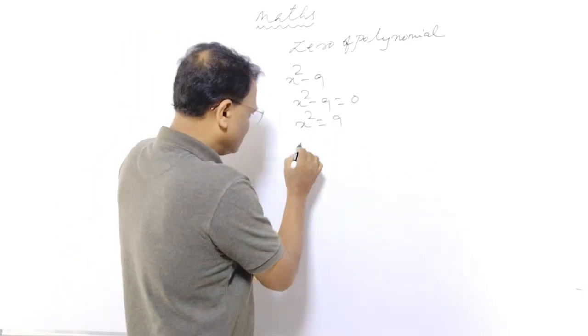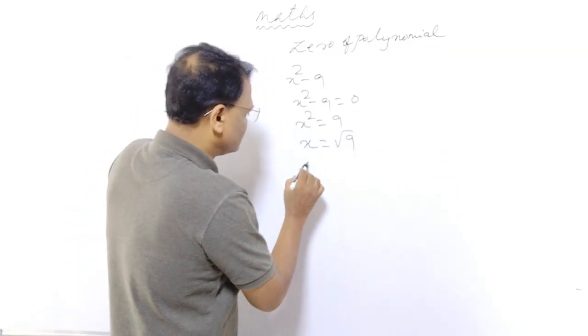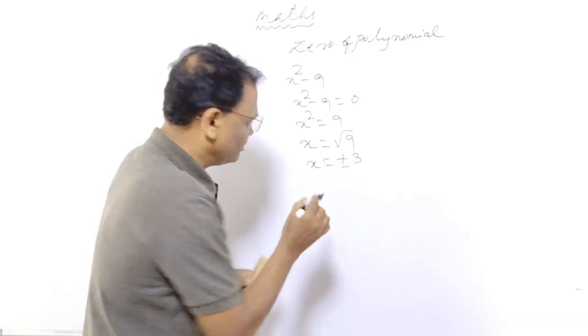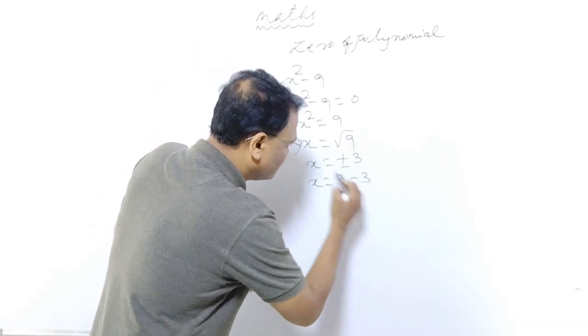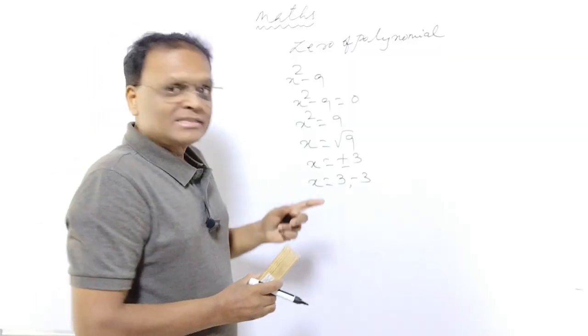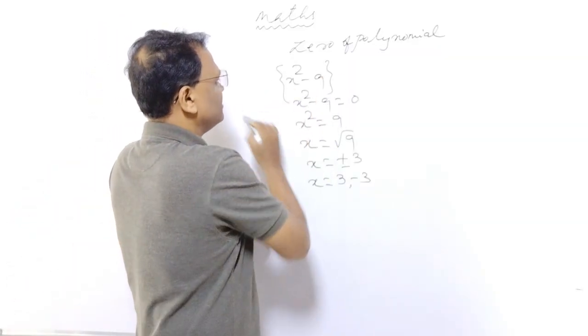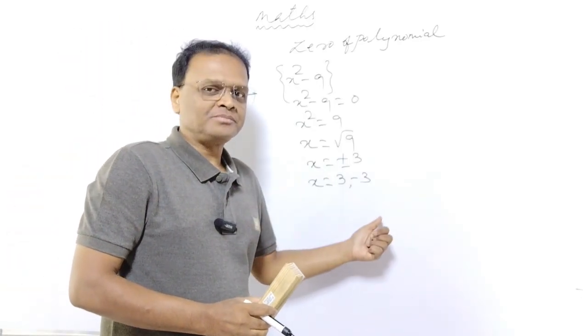As a result, x becomes root 9, and root 9 may be plus or minus 3. So the x values I got are 3 as well as minus 3. Hence, the zeros of this polynomial are 3 and minus 3.